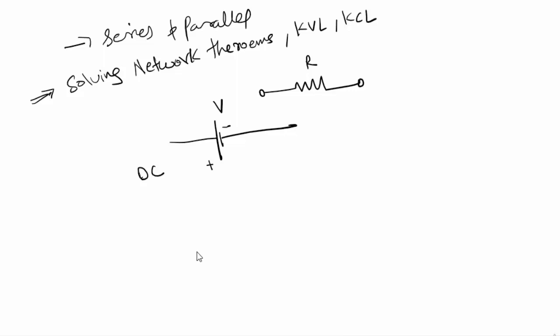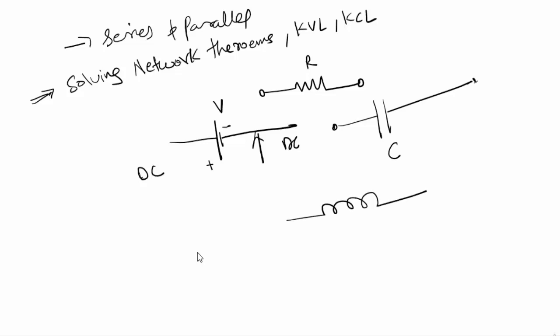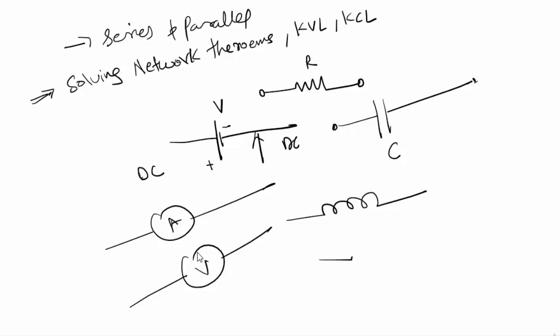So this is what is for my source, which is a DC source, and if I am having a capacitor, I can represent it like this, and the representation of inductors is usually this way. And then if I am having an ammeter, then I can represent it this way, and if I am having a voltmeter, I represent it this way. The variable resistance is usually represented this way.